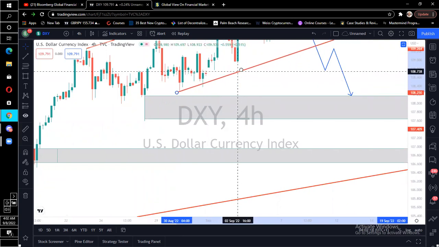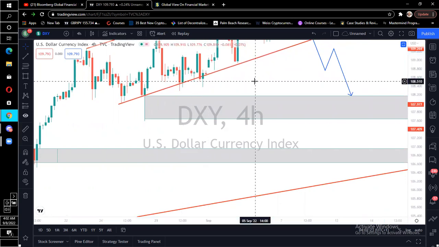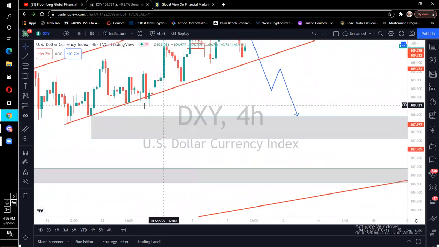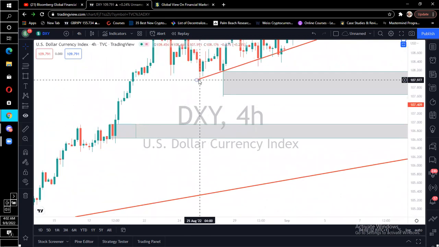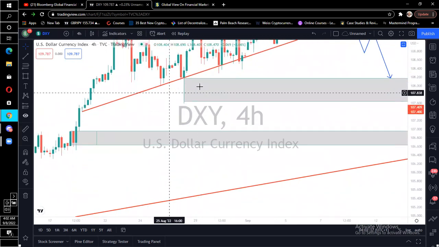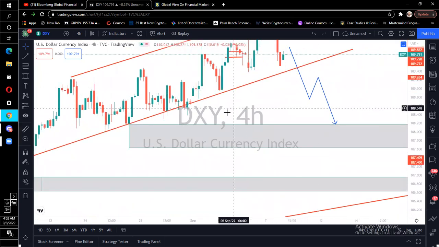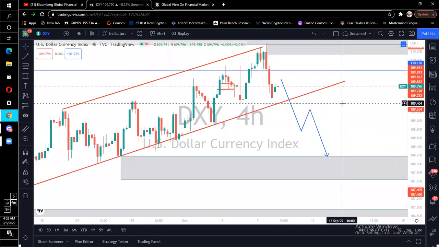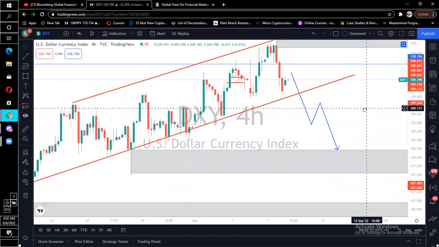It could have been drawn like this or like this. So I'll keep it like this here. So this is the level we want to take out. I want to see this happen. This is what I want to see happen on dollar index.